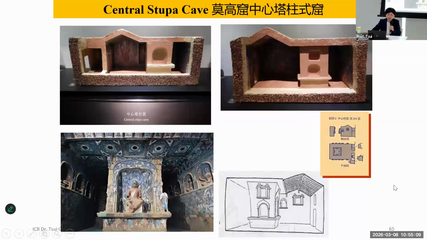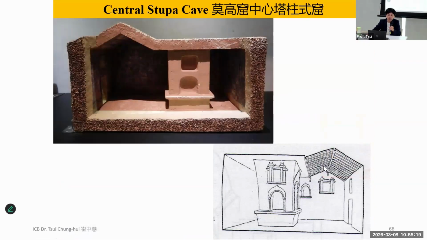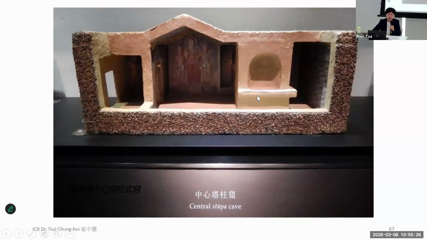And following the Xinjiang central column, we have the central stupa cave in Northern Wei in Dunhuang, designed with the gable ceiling in front, and in some caves, such as in the Sui dynasty, the space was also added with a frontal chamber.